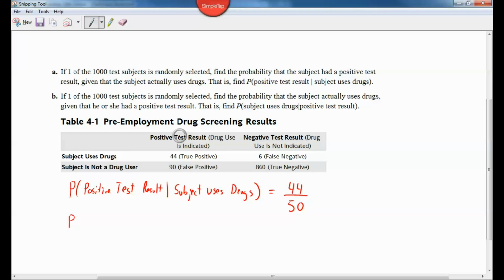So I'm just going to say positive and uses drugs. That's going to be 44 out of how many? 1,000. Positive test result and uses drugs divided by, because there were 1,000 people in the study.